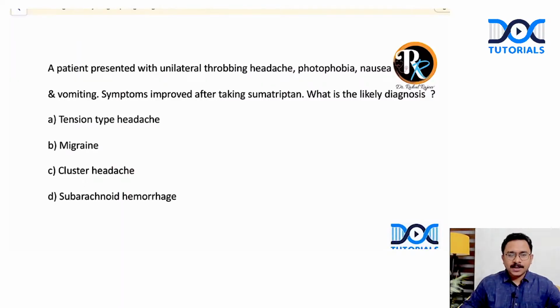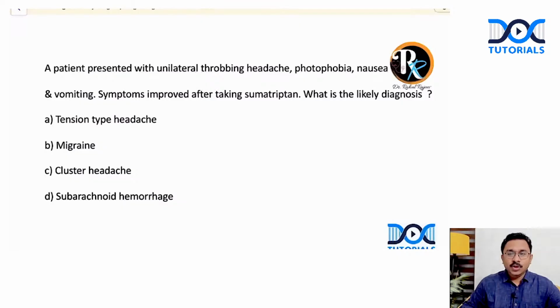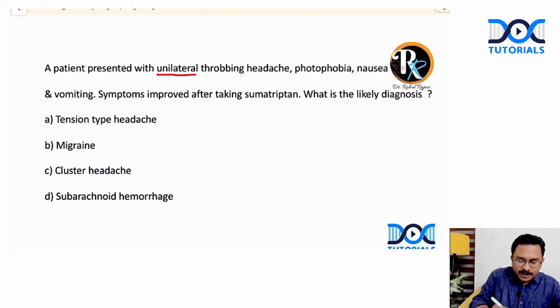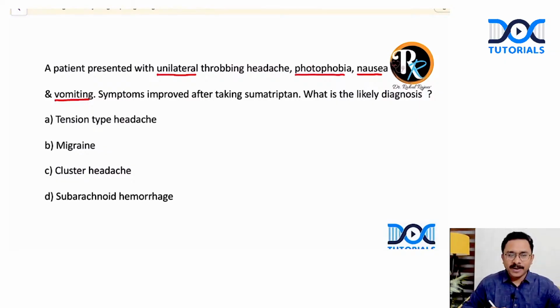First question. A patient presented with unilateral throbbing headache, photophobia, nausea and vomiting. Symptoms improved after taking sumatriptan. What is the likely diagnosis? So when you have got a unilateral headache on one side, with associated features like photophobia, nausea, vomiting, this is more suggestive of migraine.